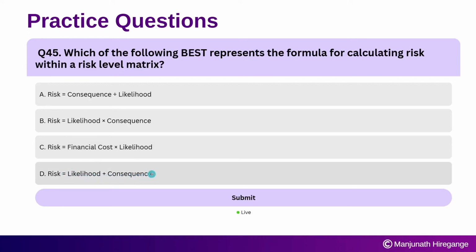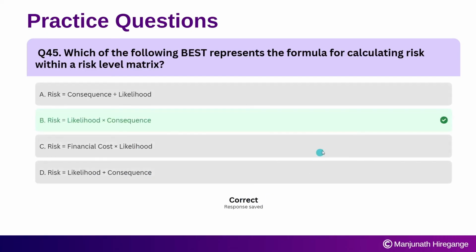As we all know, risk equals likelihood times consequence is the fundamental formula for assessing risk. It combines the probability of an event, that is likelihood, with the severity of impact, or consequence, to determine the overall risk level. You can expect questions like this in your exam.